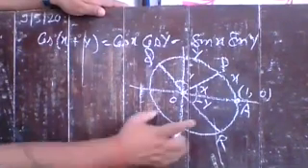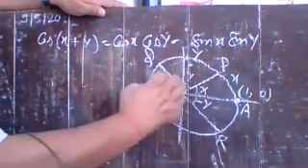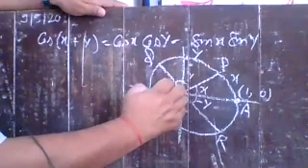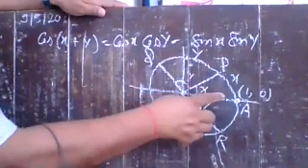Clear? As per the concept of the unit circle, if arc AP makes angle x at the center of the circle, you can say the coordinate of point P is (cos x, sin x).